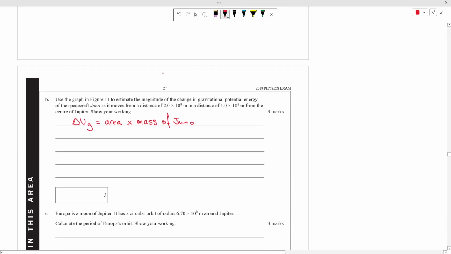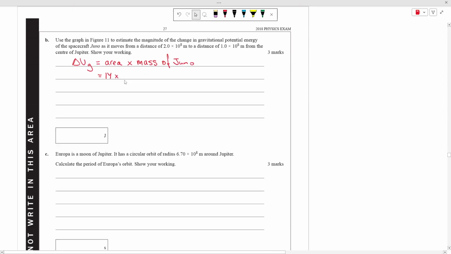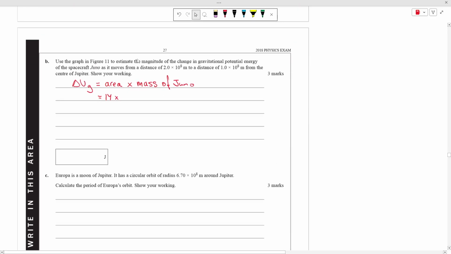So the area would be 14 squares times the area of one square, which is 1 times 1 times 10 to the 8. Don't forget that part. So 14 times 1 times 1 times 10 to the 8, and then times the mass of Juno, which is 1,500.